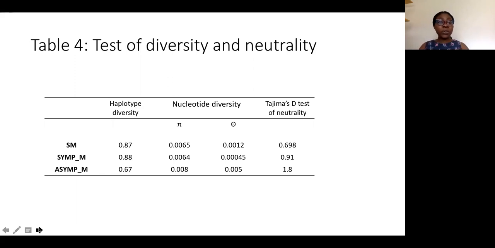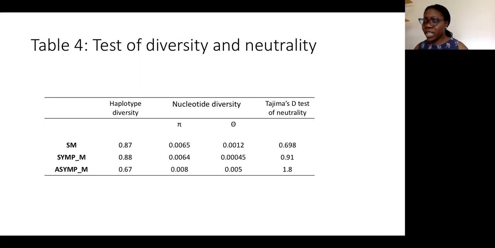Here, if you look at the second column where we have haplotype diversity, you would see that the haplotypes in all the groups were highly diverse. The diversity statistics ranges from 0 to 1. And so we can see here that for the first 2 groups, they are almost 1. And for the last group, it's more than half. So they are highly diverse, but there was no statistical difference between the haplotypes and the clinical outcomes.